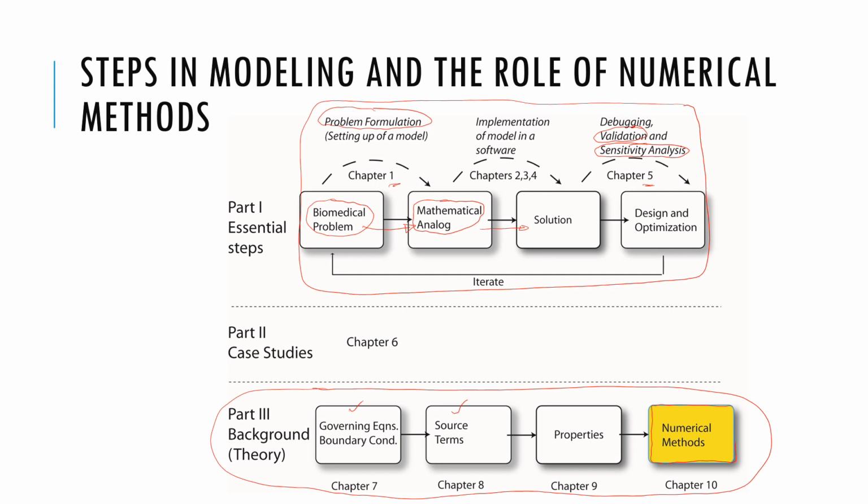The numerical methods are the details of the solution process. The solution process really has quite a bit of theory in it, and that's what we're going to talk about at the end. But again, we will do a very, very gentle version of it. Eventually we will talk about the finite difference method and the finite element method.